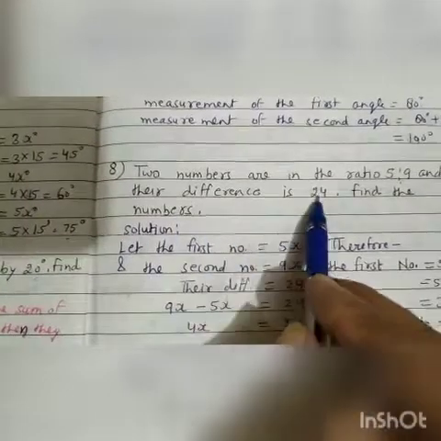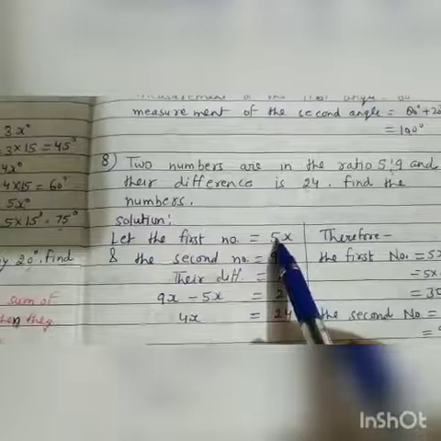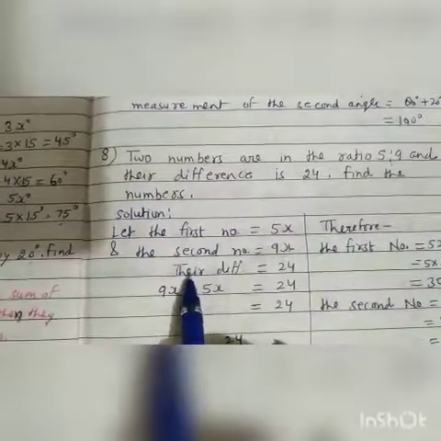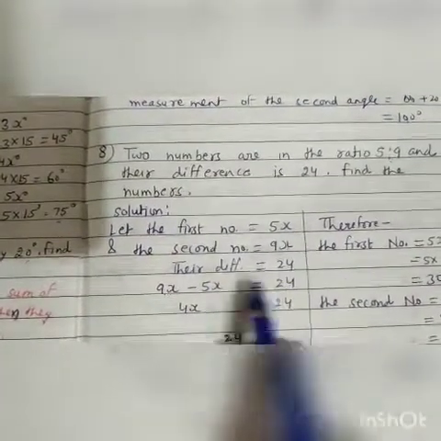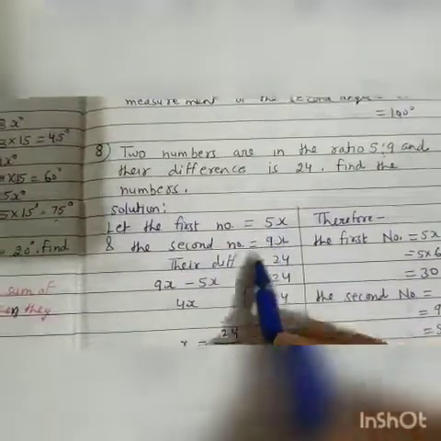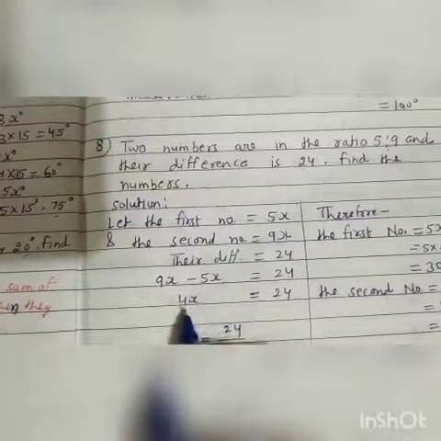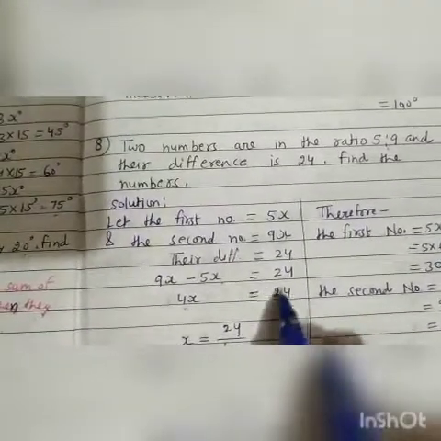And their difference is 24. Difference means minus. It means if we subtract 5x from 9x, their difference is 24. So 9x minus 5x equals 24. 9x minus 5x is 4x, equal to 24.